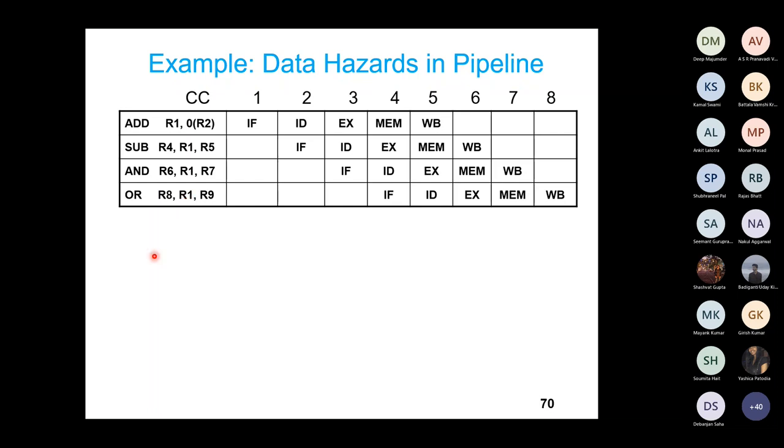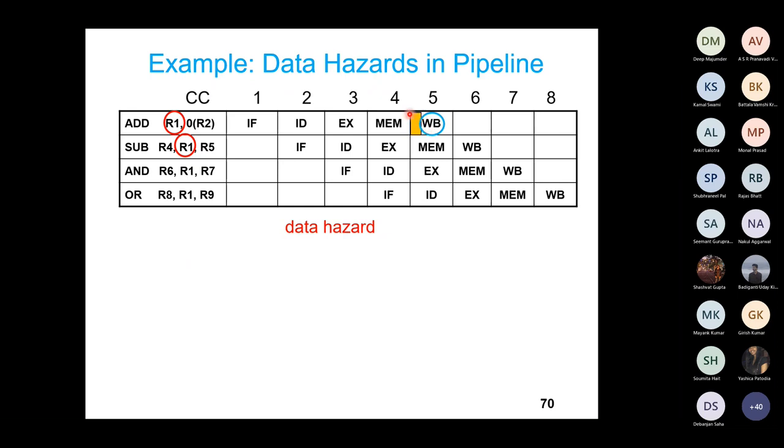So in the traditional pipeline, suppose we don't have any extra hardware. Then in which clock cycle is this register being updated by this add instruction? The 5th clock cycle, right? Yes. In the 5th clock cycle, this will be updated.